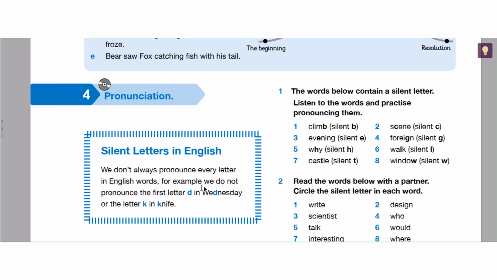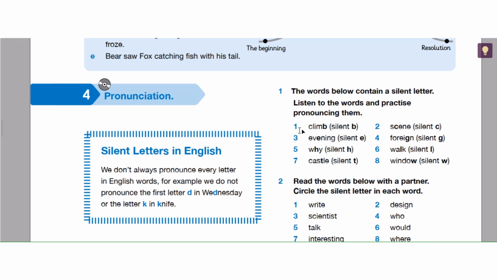For example, we don't pronounce the first letter W in Wednesday. We say Wednesday. Or the letter K in knife. We don't say k-nife. We say knife. K is silent.